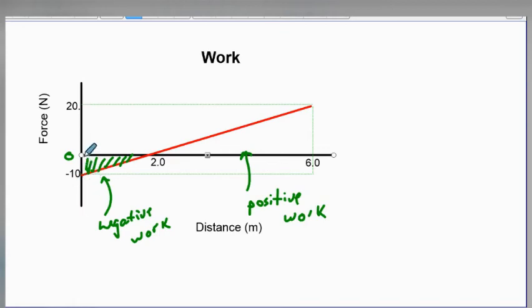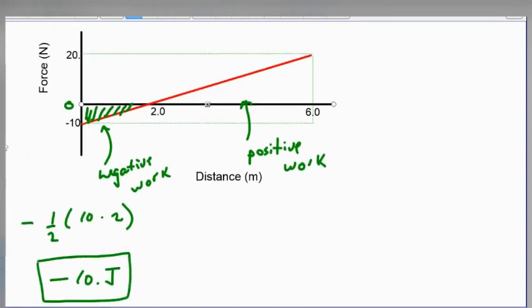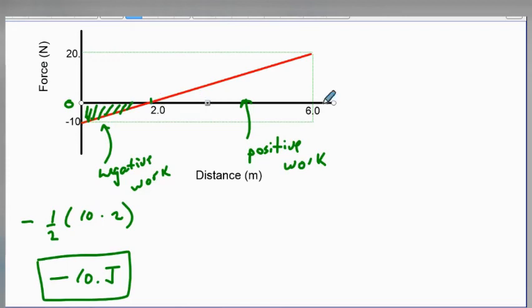I like to solve this saying that this is a height of 10. Just remember it's a negative answer. Or you could say it's got a height of negative 10. But it's a triangle, so that's going to be 1/2 10 times 2. Just remember the answer is negative. So 10 times 2 is 20 divided by 2 is 10. So that's got negative 10 joules of work being done right there. This part over here goes from 2 to 6.